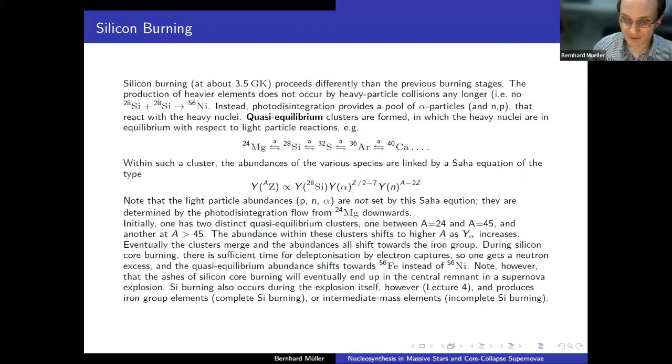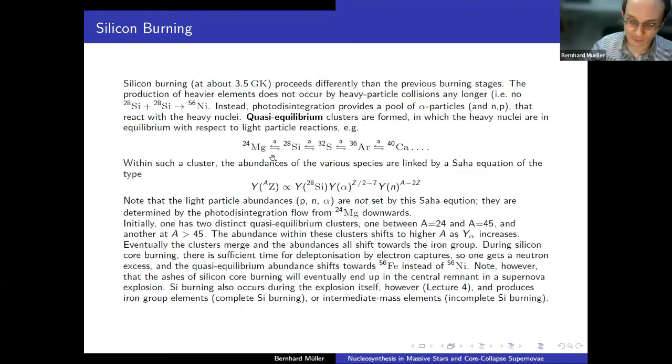The way silicon is converted to iron group material is really the following. The higher the temperatures get, the more alpha particles you liberate. And then with those alpha particles, you make a chain of reactions.